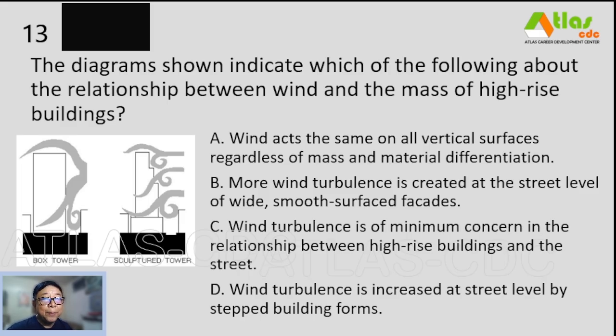B. More wind turbulence is created at the street level of wide, smooth surface facades. C. Wind turbulence is of minimum concern in the relationship between high-rise buildings and the street. And D. Wind turbulence is increased at street level by stepped building forms.